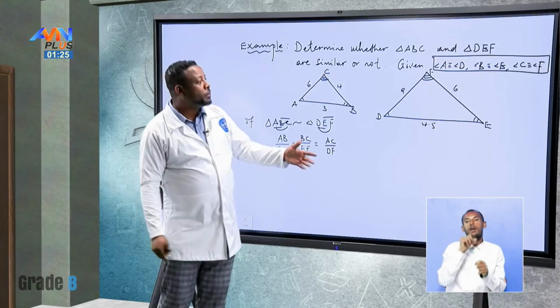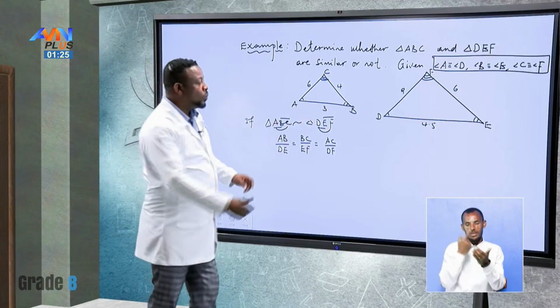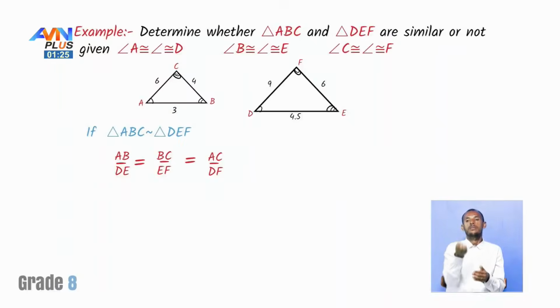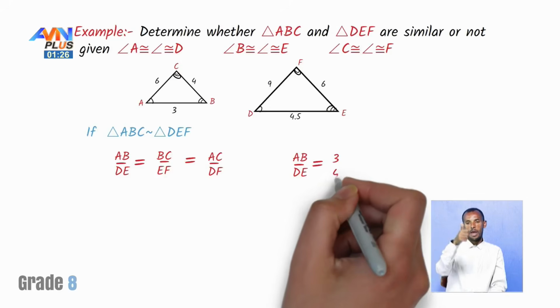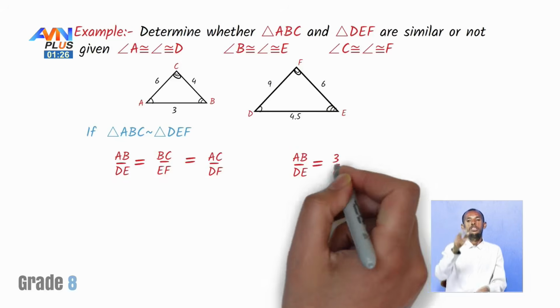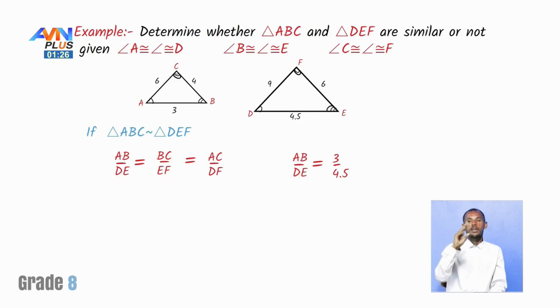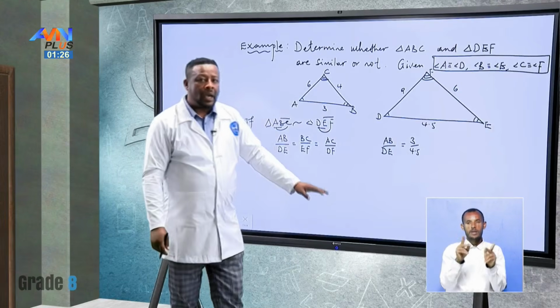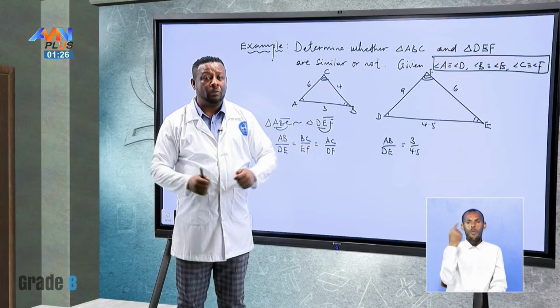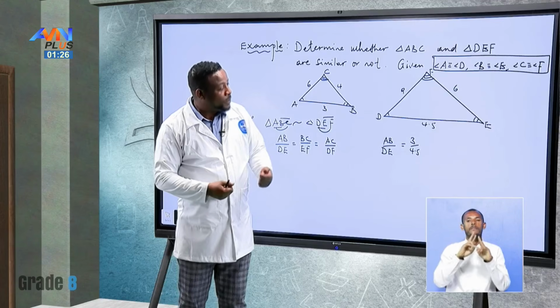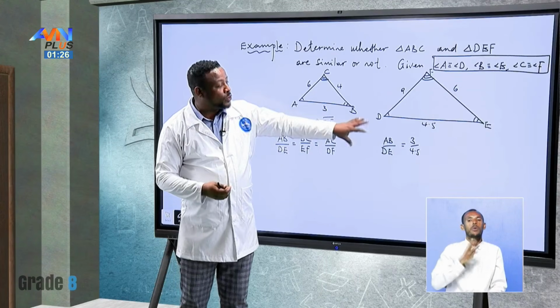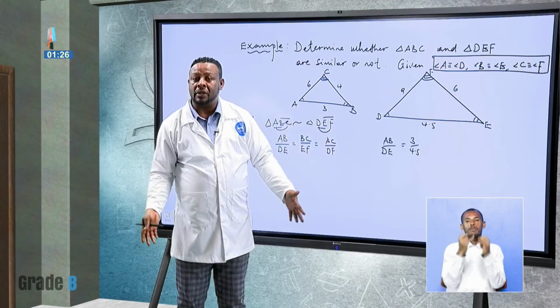So let's keep calculating this ratio. What's AB over DE? AB is 3 and DE is 4.5. It is always good if we are able to simplify the given numbers.